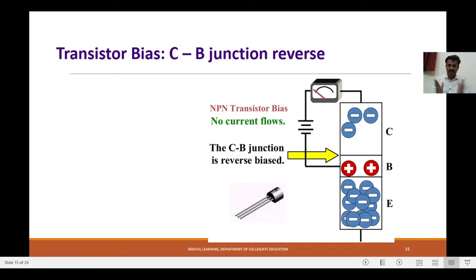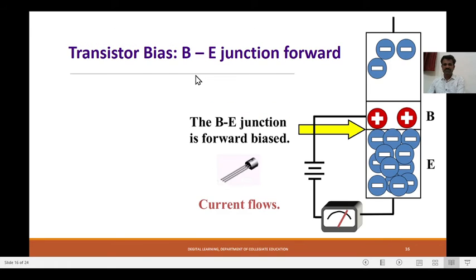When the reverse bias is applied, the depletion region gets enhanced, so it offers more resistance to the flow of current through the junction, hence no current flows. The meter reads that no current is flowing here. So this is the reverse biasing of the collector-base junction.